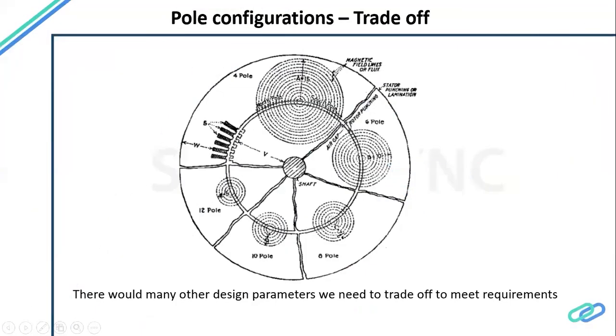So apart from these different topologies, there is another consideration: how many poles we should have, because this again drives the design. Throughout whatever we were discussing, it's all a trade-off study. What we are trading off, nothing is too good, nothing is too bad.